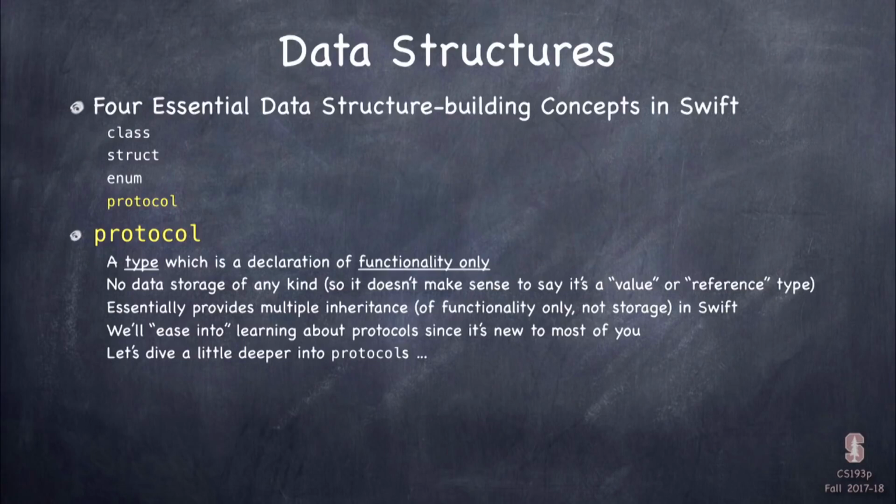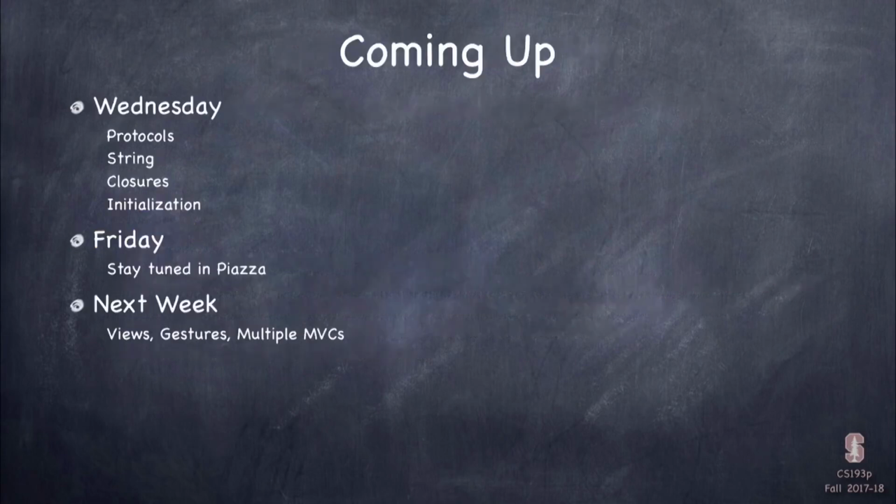It's fundamental to the design of all of Foundation, all the Array, Dictionary, String, Ints, all those things, fundamentally using protocols everywhere. Massive number of protocols. And it's also fundamental to things like delegation, stuff like that. So it's very, very important, and to round out our full understanding of how to build data structures in Swift. Okay? So we'll start off on Wednesday with that, and I will see you then.